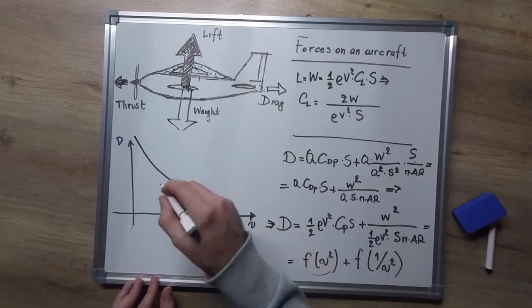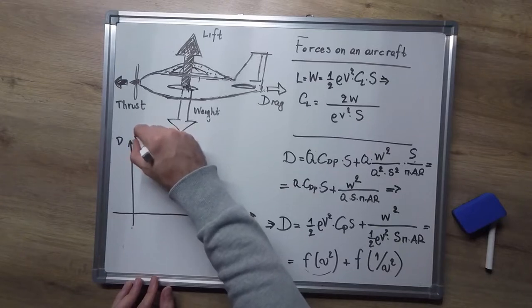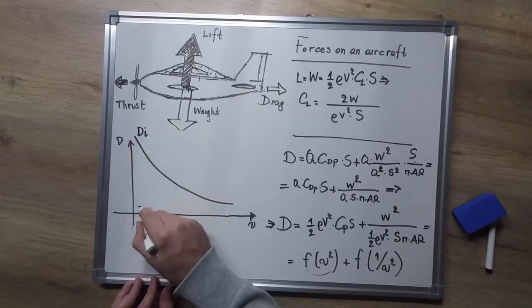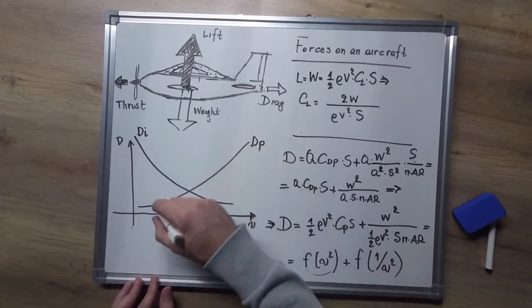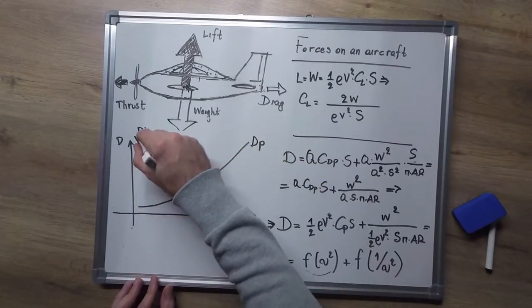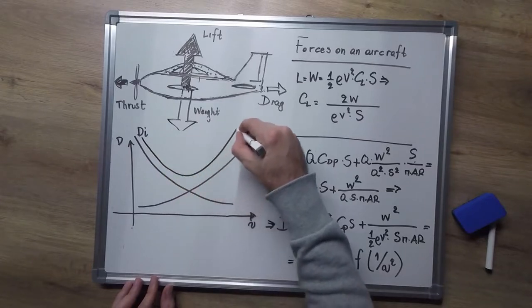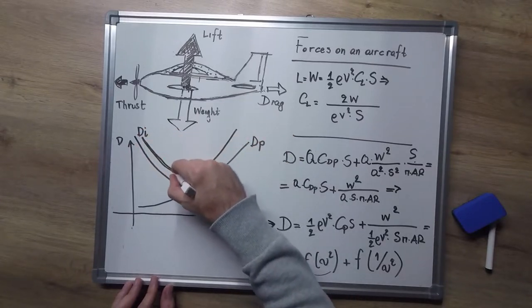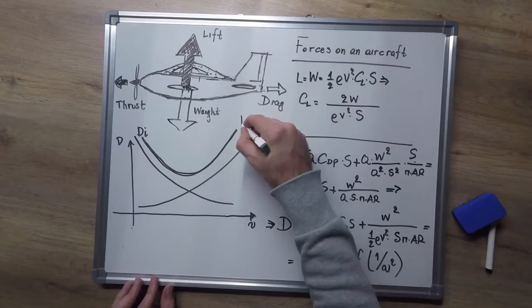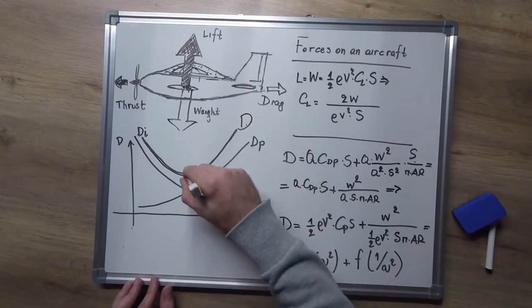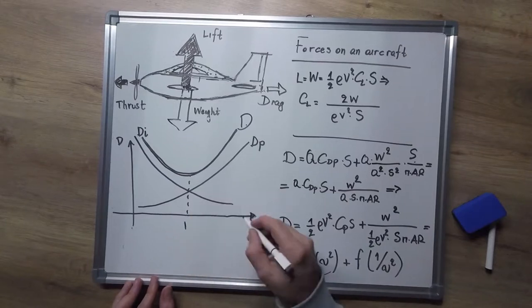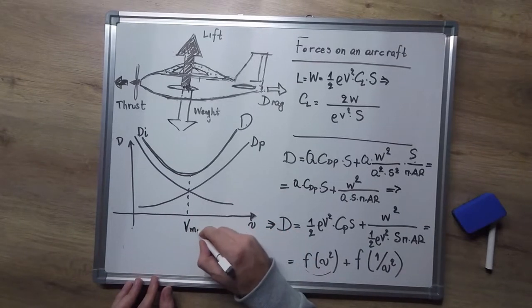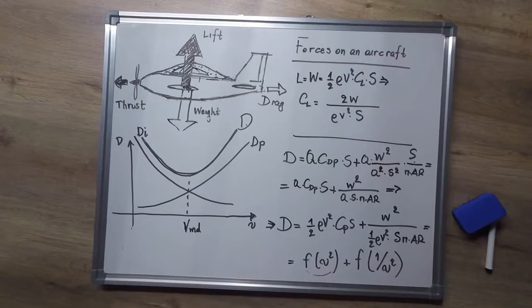This is the induced drag and this is the parasite drag. So if we add these two curves, we get the curve of the total drag. And we can clearly see that the total drag is minimum at a certain velocity that we call the minimum drag speed.